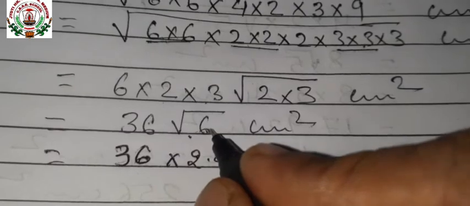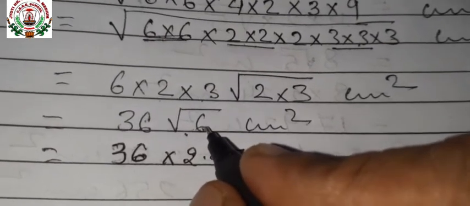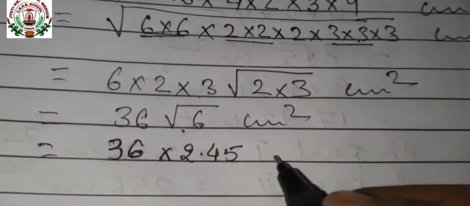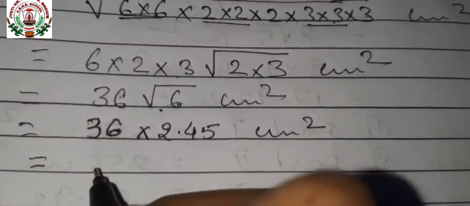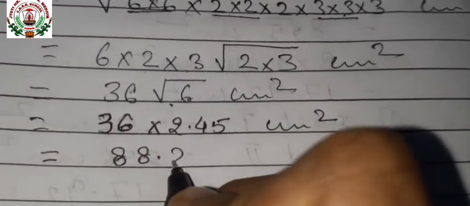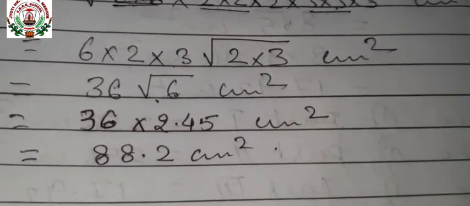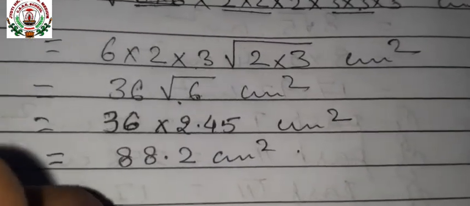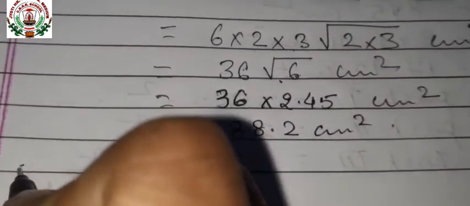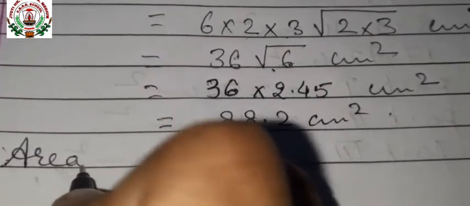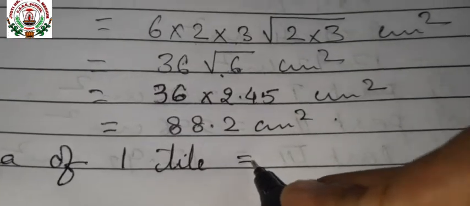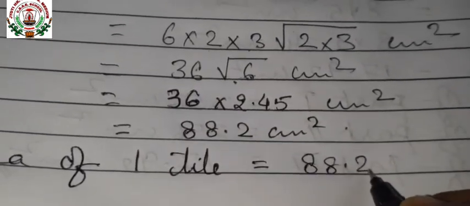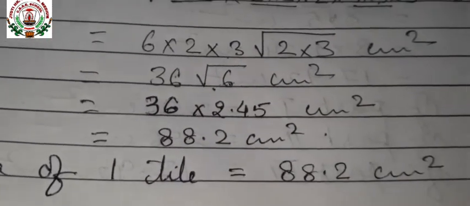In class 8th we have learned how to find the square root of any number. So on multiplication of this we get 88.2 cm square. Okay, so this is the area. You can write, area of one tile equals 88.2 cm square.